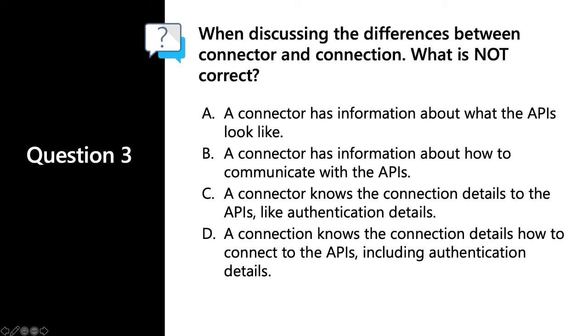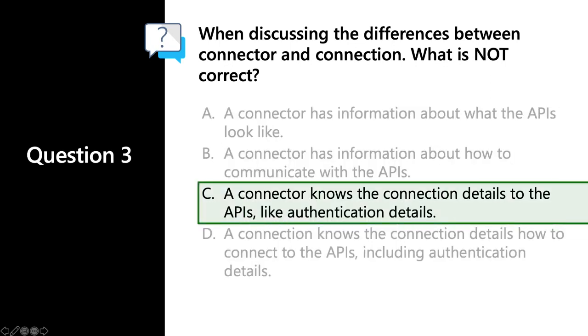That's right. So C is the answer, but let's talk about D really quick before we move on. A connection knows the connection details, right? Exactly, on how to connect to the APIs, including authentication. So the connection has the keys, and the connector has the details of what things look like. Yep, that makes sense.